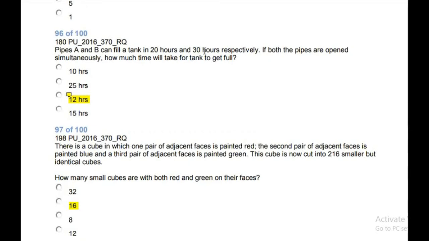And pipe B can fill 1 by 30 of the tank in 1 hour.